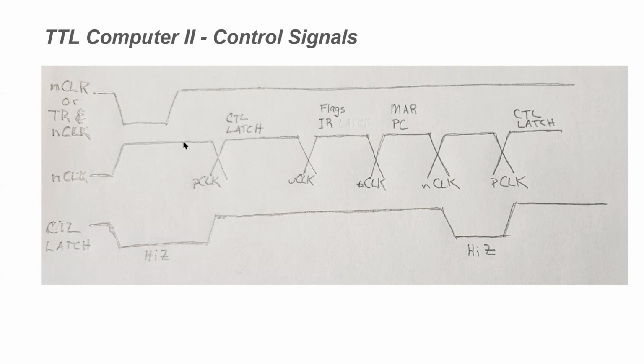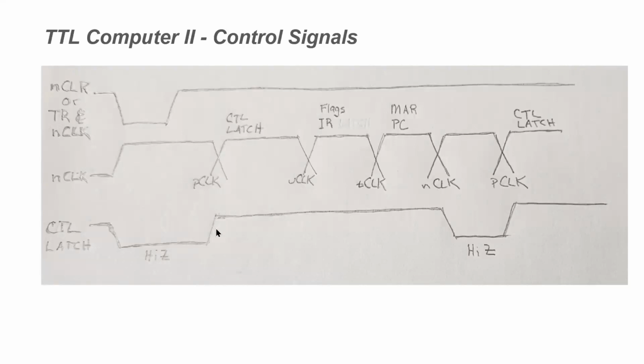The not clock is now starting its first 250 nanoseconds, and the not clock is ending, and the P clock is beginning, right? Not clock, P clock, U clock, T clock, not clock, P clock. So not clock ends, and the P clock is beginning. And when the not clock ends, the control latch now goes active.